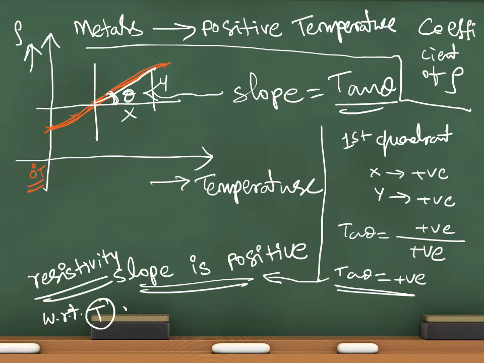This can be applicable equally to resistance also. We can say metals will have a positive temperature coefficient of resistance or of resistivity also, as area and length are constant in this case.